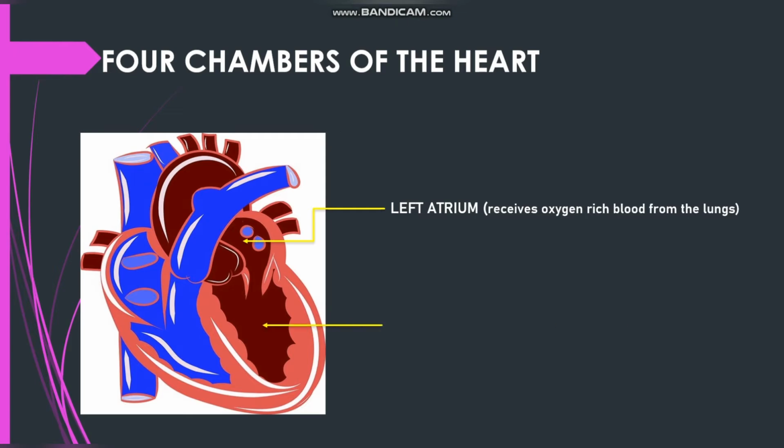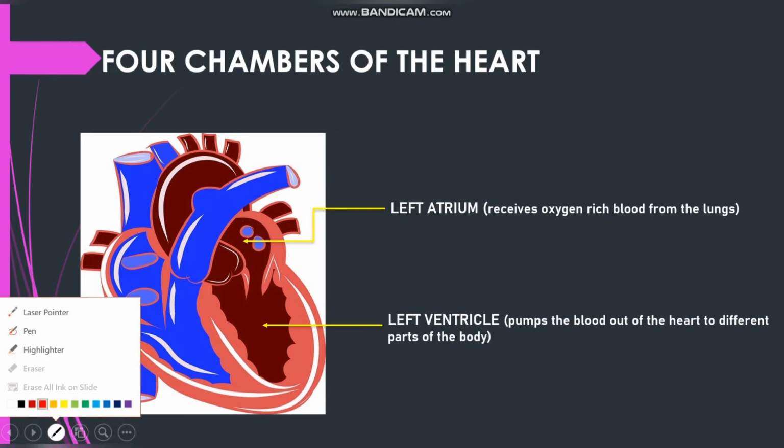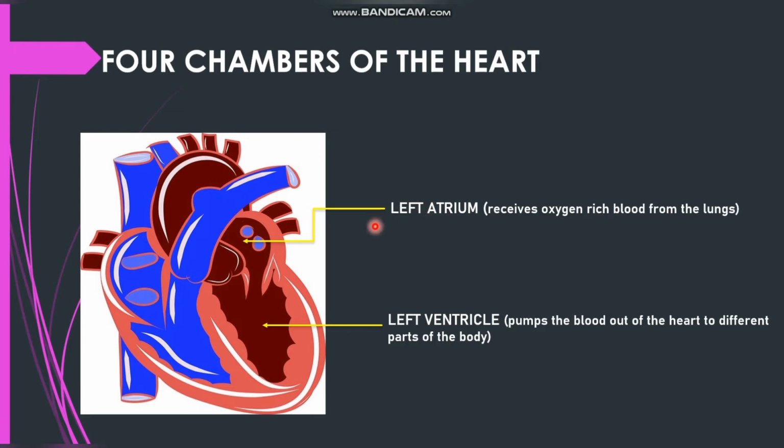Then from the left atrium, this blood goes to the left ventricle. This left ventricle pumps the blood out of the heart to different parts of the body.